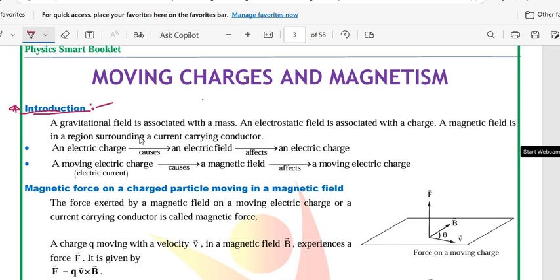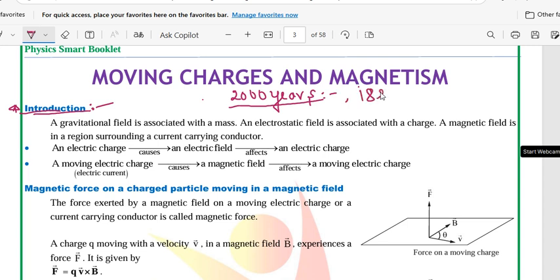See, first of all, more than 200 years ago, electricity and magnetism were separate branches. For 2000 years till now, electricity and magnetism were separate branches.